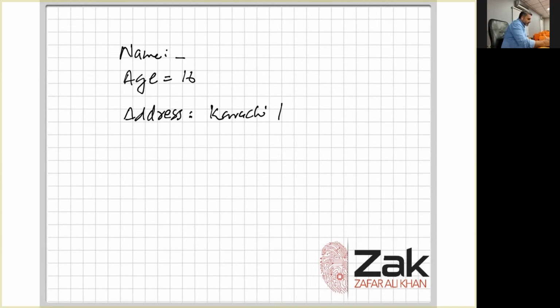Let's say if they ask you to enter your name and the cursor is blinking over here, or it is said that age is equal to 16, or the address is entered like this, Karachi, Pakistan, name is Zafar. So these are the things which make you enter data or understand output.